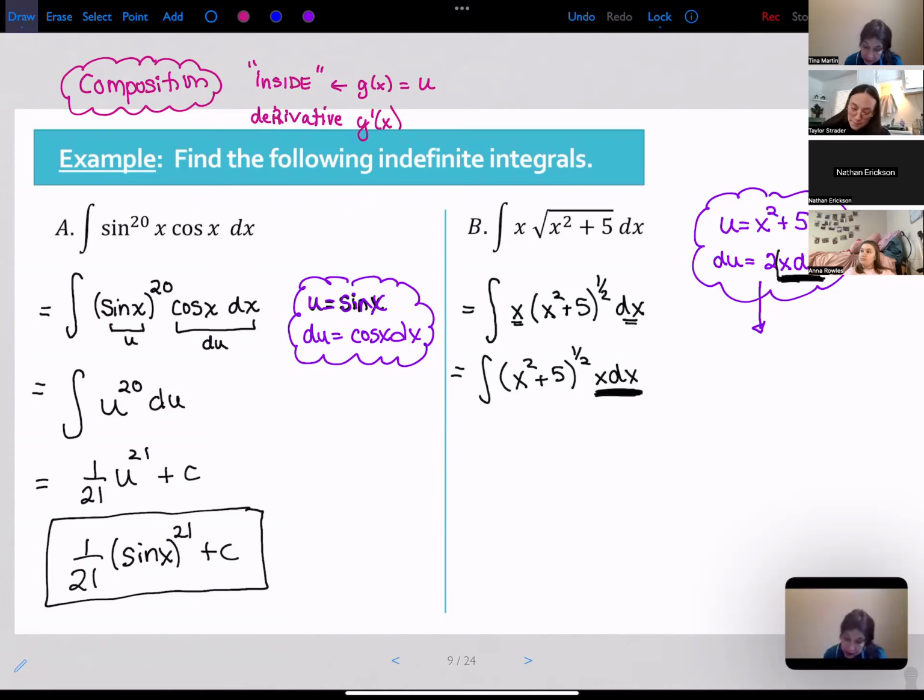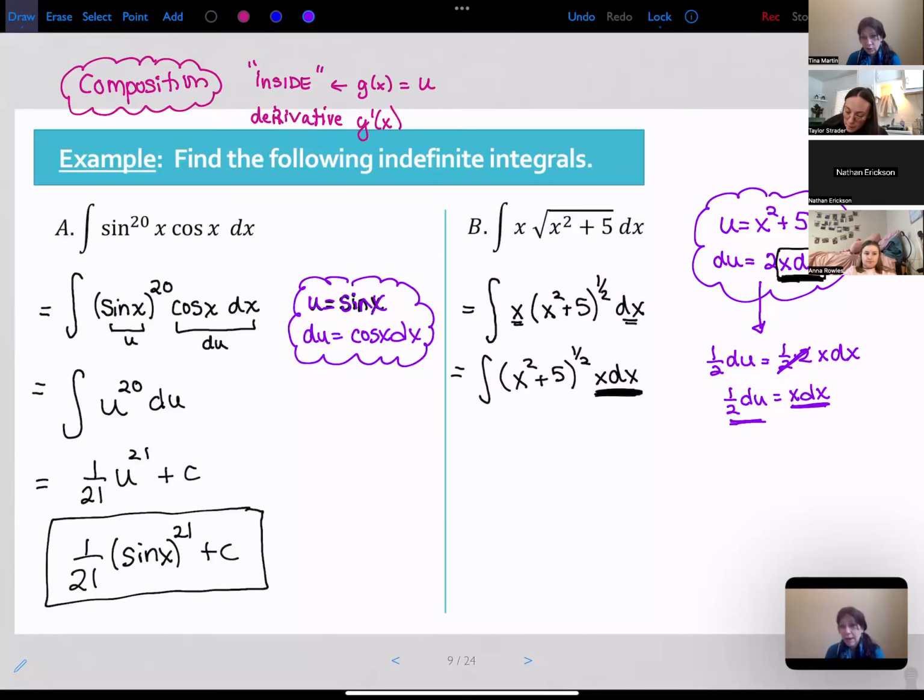So I say to myself, I want to have x dx by itself. So I like to multiply both sides of this equation by a half. I do that because that brings the x dx to be a single entity, a quantity all by itself. And that 2 now is put over there next to the 1/2 du.